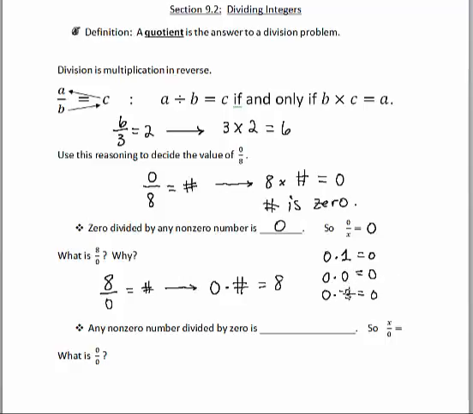No matter what you place in substitution for this number, you get 0 and not 8.